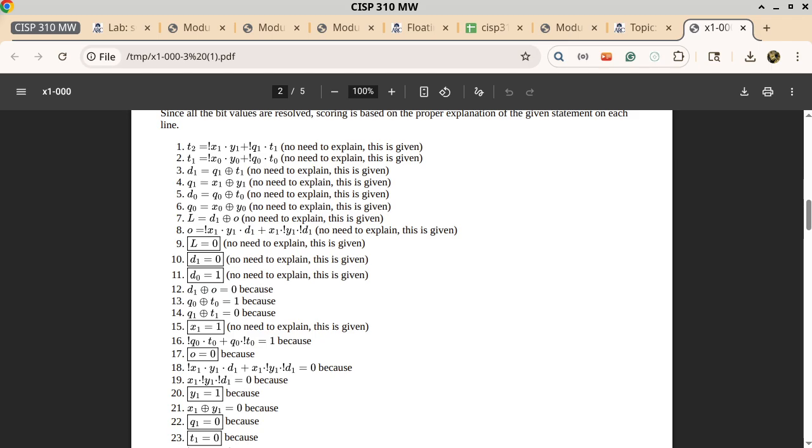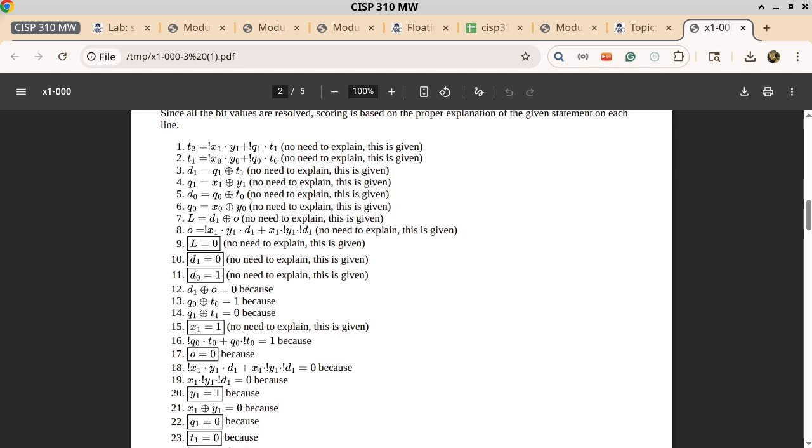Then we move on to line 16. If you just look at the expression, at this point you should be able to recognize, oh, this is a really long way to say Q0 exclusive OR with T0. That's the long way of expressing exclusive OR. So we have to ask, what is Q0 exclusive OR with T0?